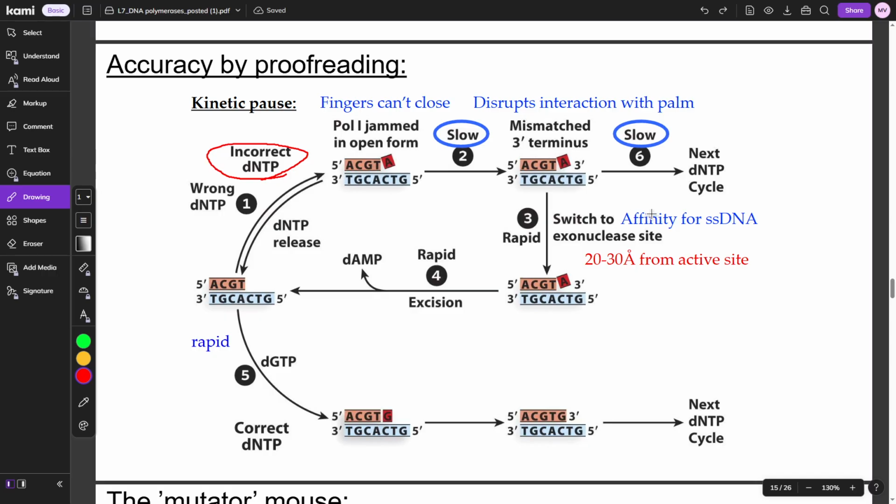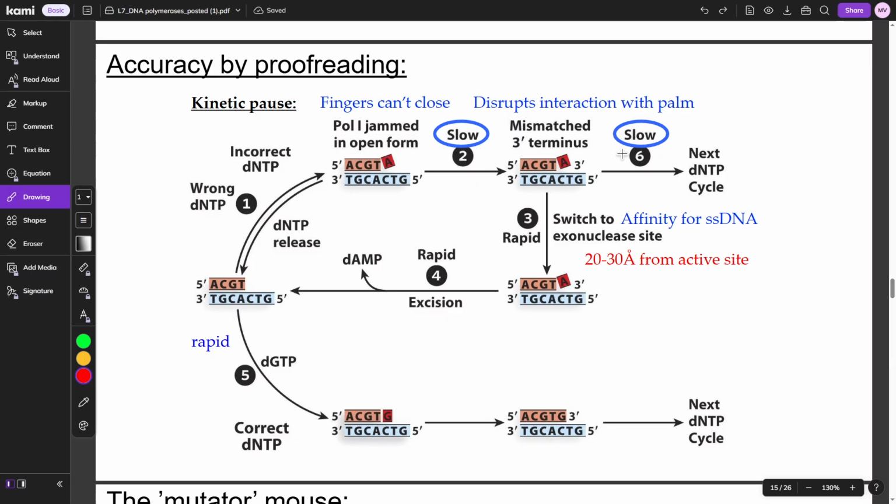One, it could get stuck there and maybe be forced to bind, and in that case it'll move on to the next cycle. Or the more probable option, because it's so much faster, is that we switch to the exonuclease site, remove that A, release it, and then continue on in the correct direction. So the important thing to recognize is these slow steps.